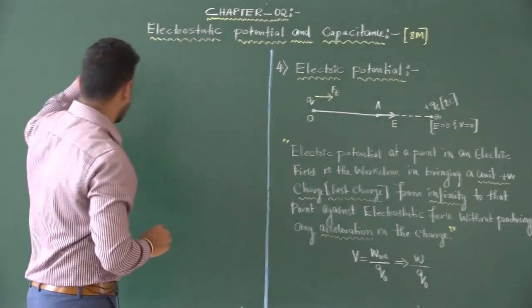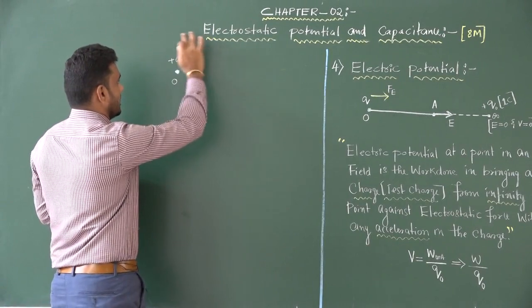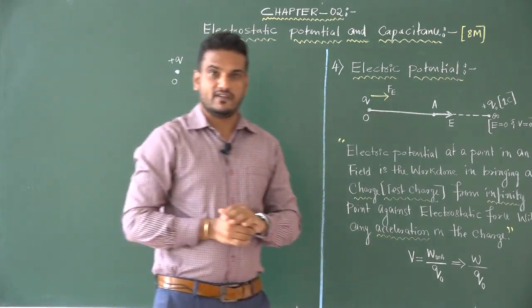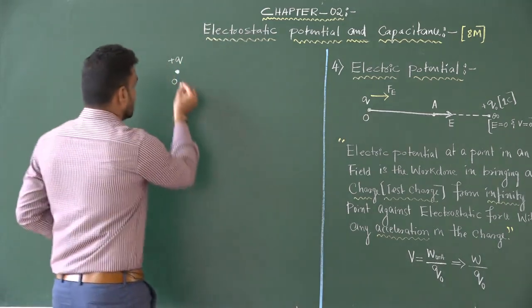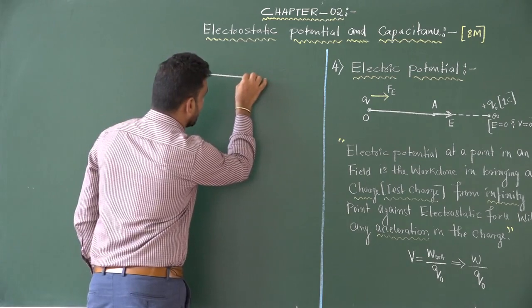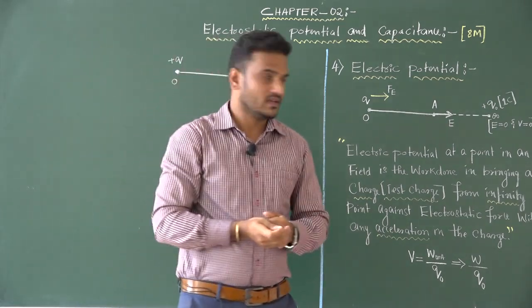So even in this case, this charge produces electric field. In the region of electric field, I am going to draw one electric line of force or electric field line.